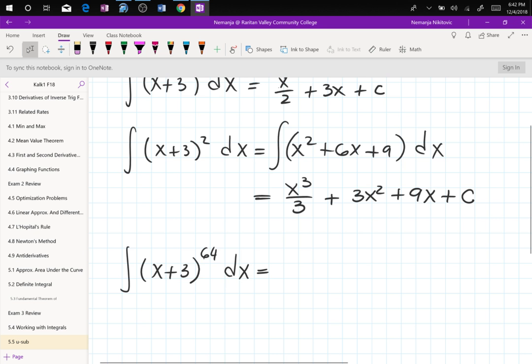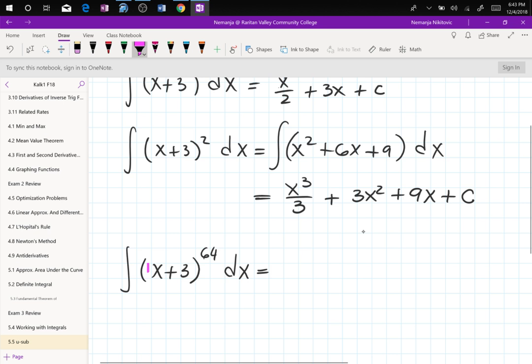So you say, is there a way to deal with this so that we don't have to go through so much multiplication? And the answer is yes. When you are solving what we call u sub problems, u substitution, generally you will always have this attitude of, if this was just one thing, it would be easy.